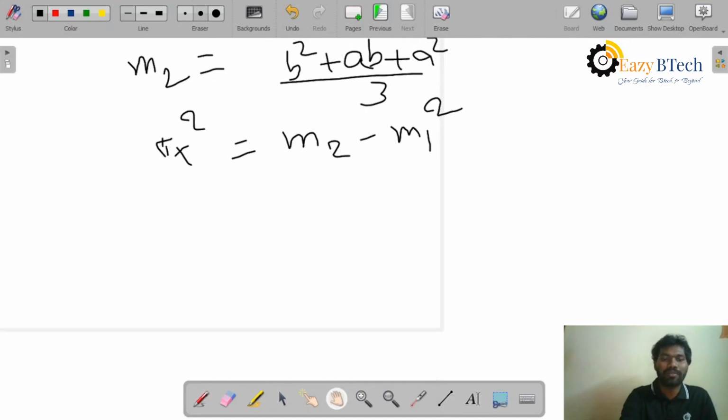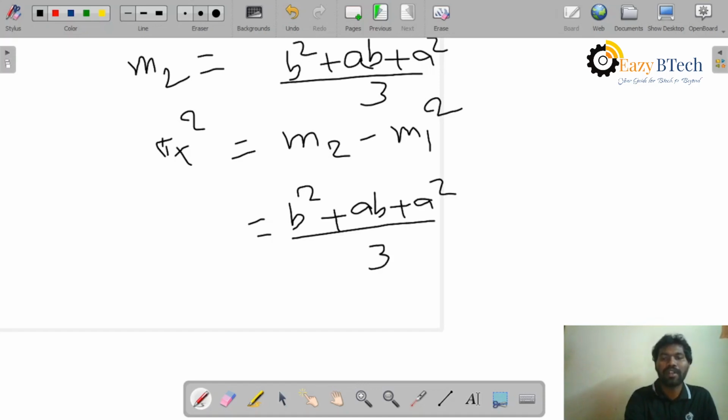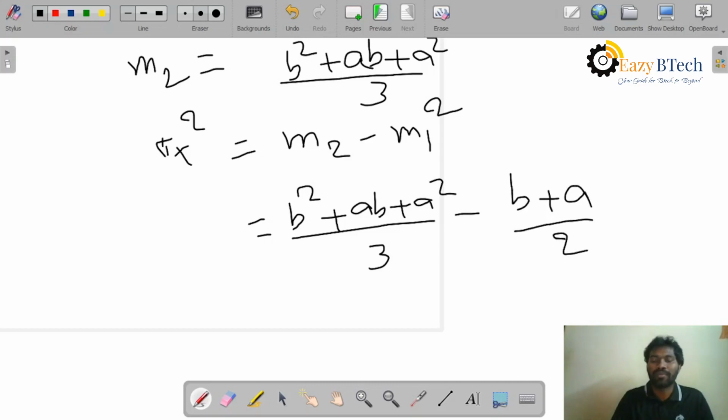We get m2 as b square plus ab plus a square divided by 3, and m1 as b plus a by 2, whole square, so it is divided by 4.